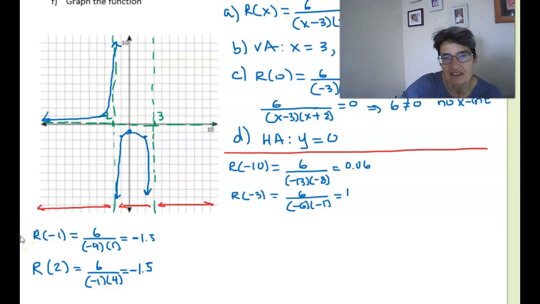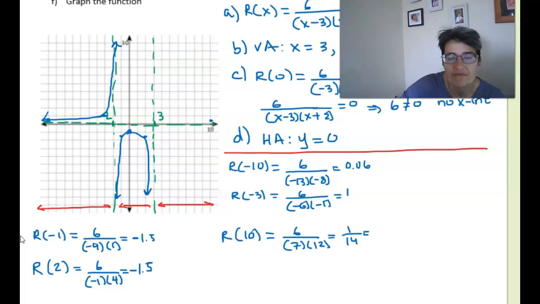Okay, now let's look in this final region for x values bigger than 3. So let me pick x is 10 to go far away from our vertical asymptotes. 6 over 7 over 12. This is 1 over 14, which is a small positive number.